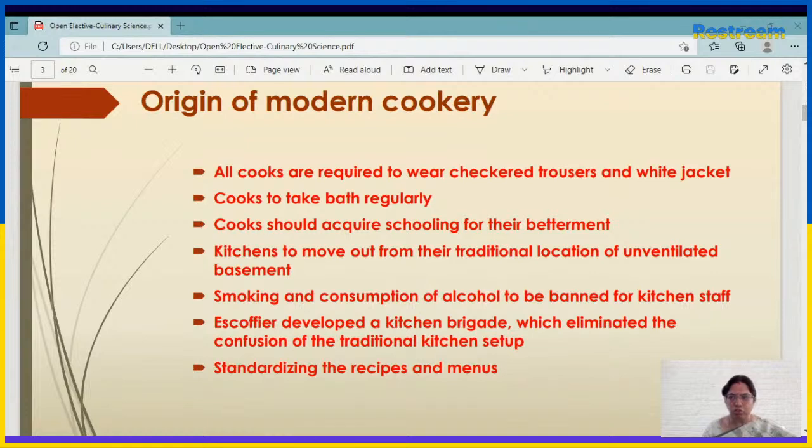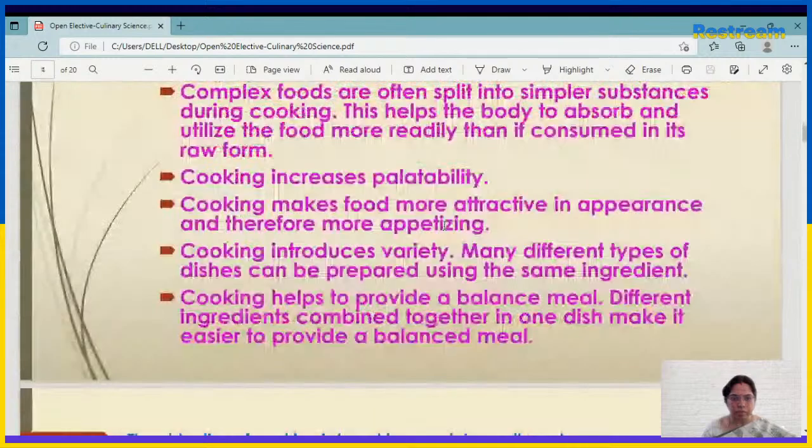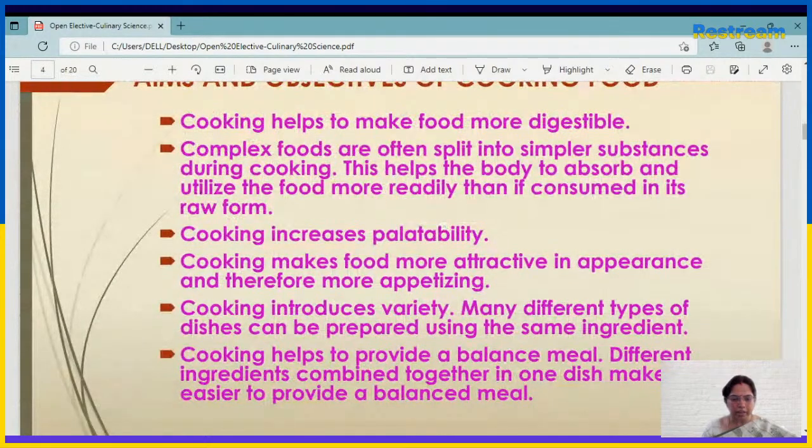Another most important thing is cooking helps to make food more digestible. So instead of eating raw food, when you eat cooked food, it makes it digestible.